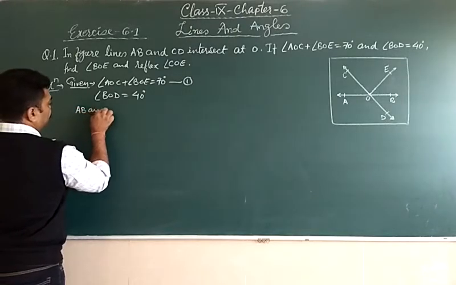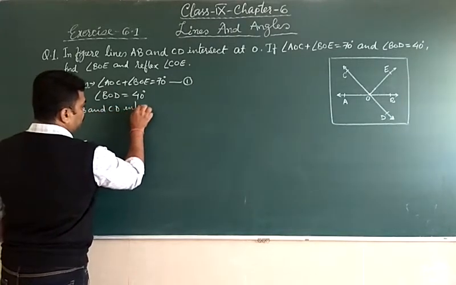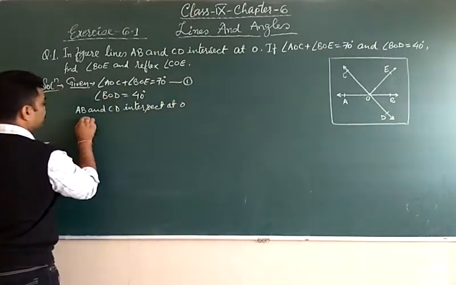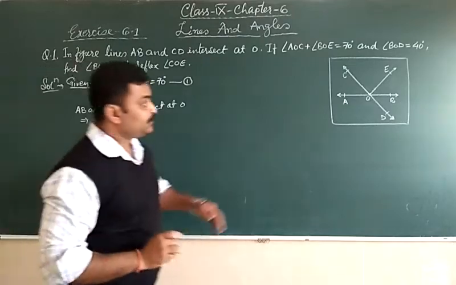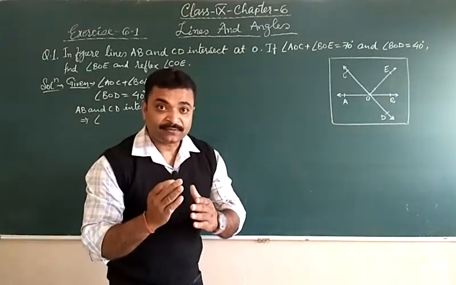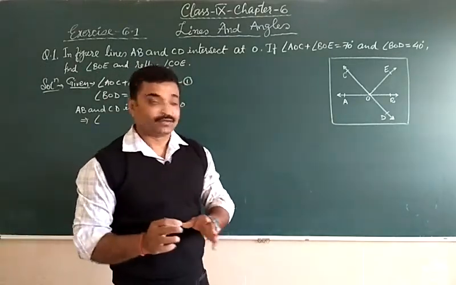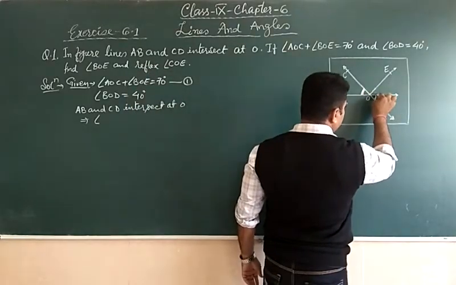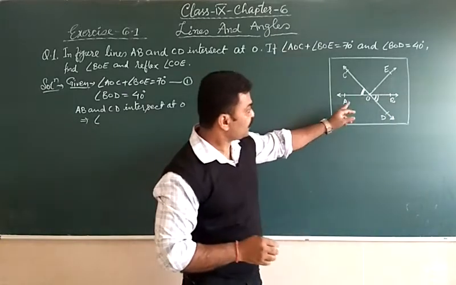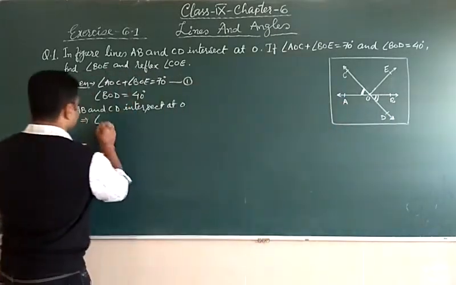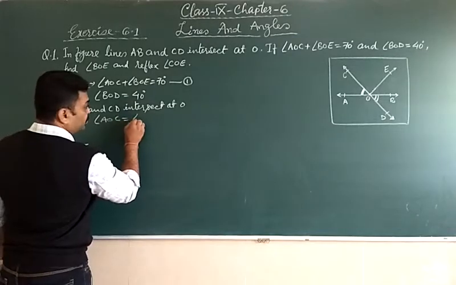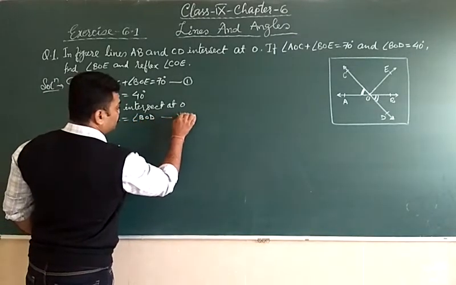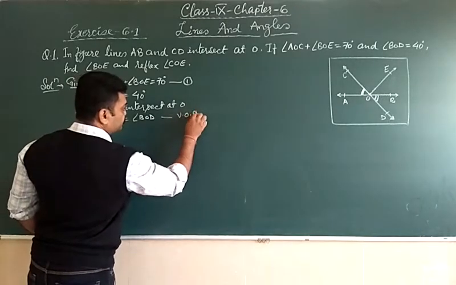AB and CD intersect at O. This implies, when two lines intersect at a point, then vertically opposite angles are equal. So here these two are vertically opposite angles, and these two are vertically opposite angles. So angle AOC is equal to angle BOD, because they are vertically opposite angles.